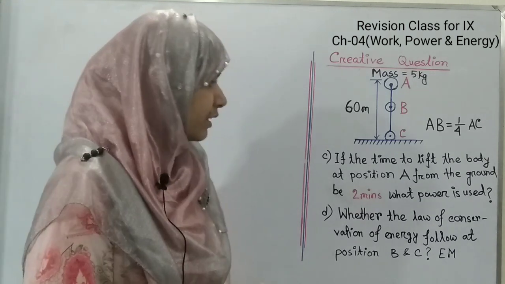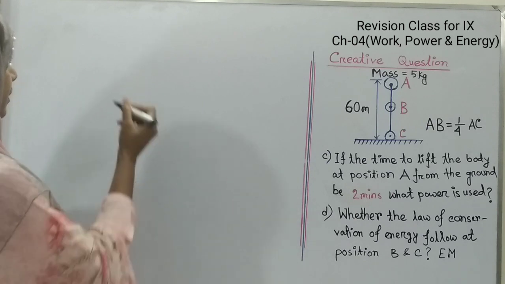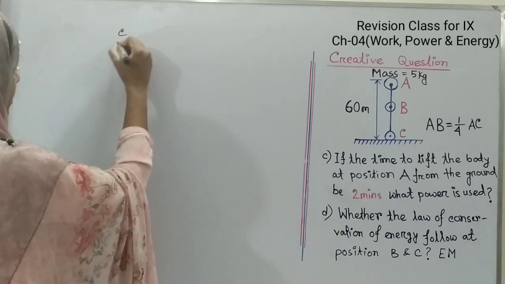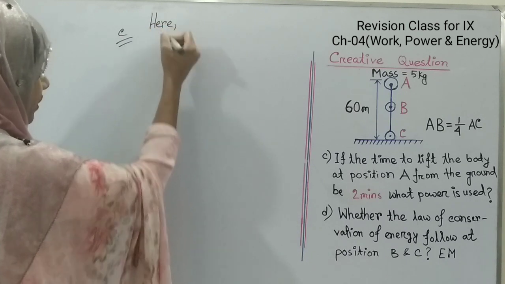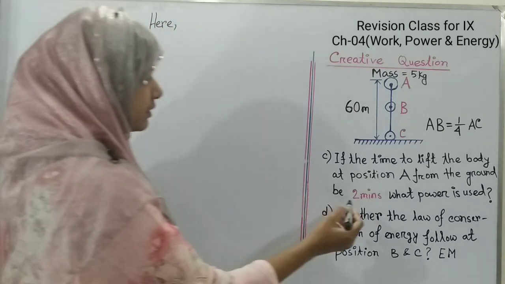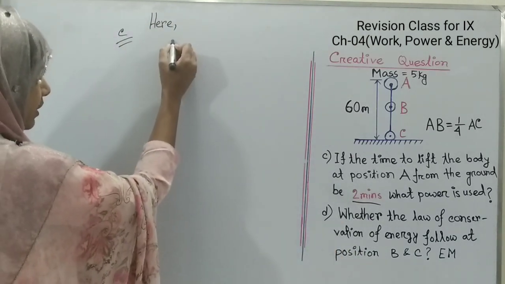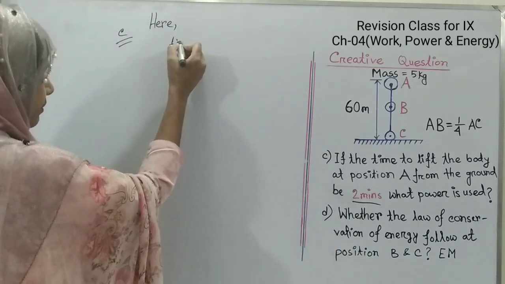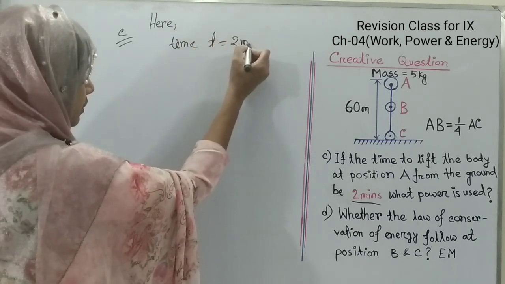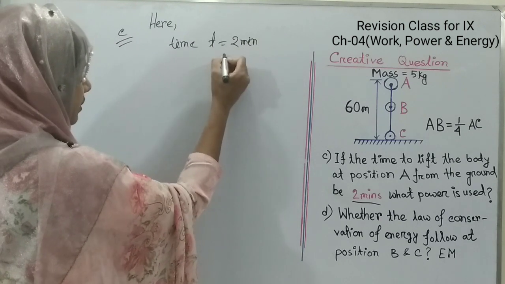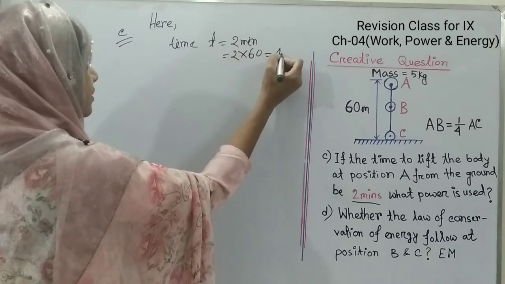So here the given information is: our first information is it takes 2 minutes to lift, that means time t equals 2 minutes, that means 2 into 60, 120 seconds.